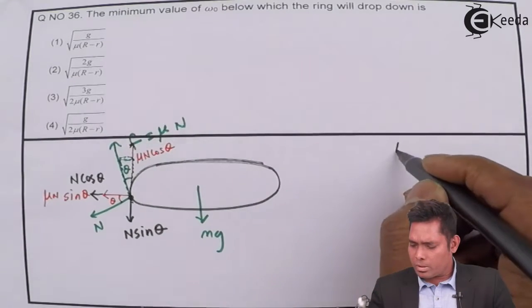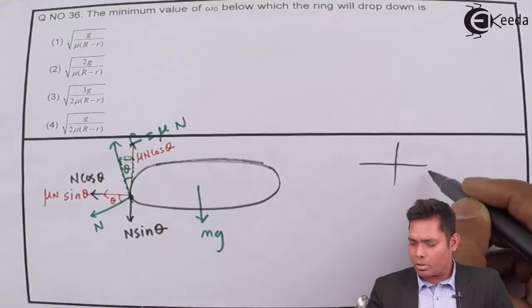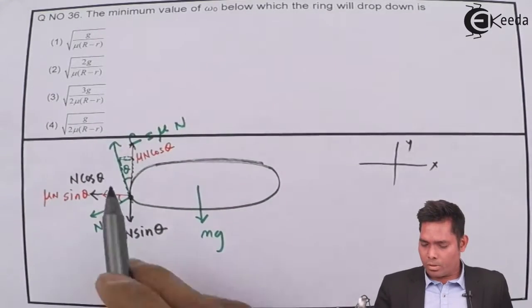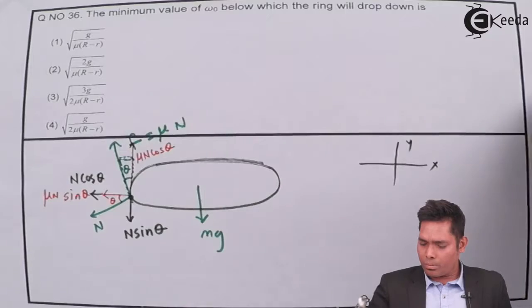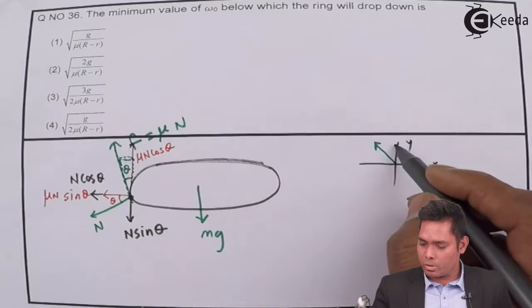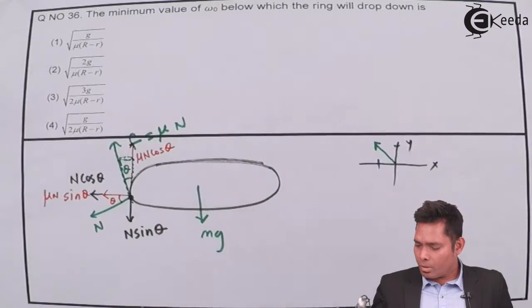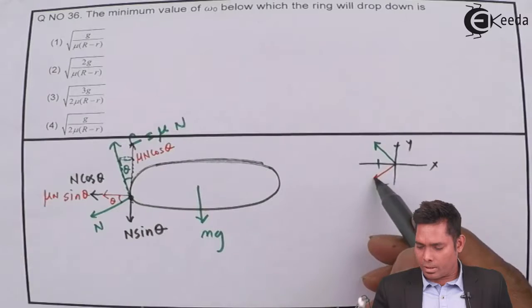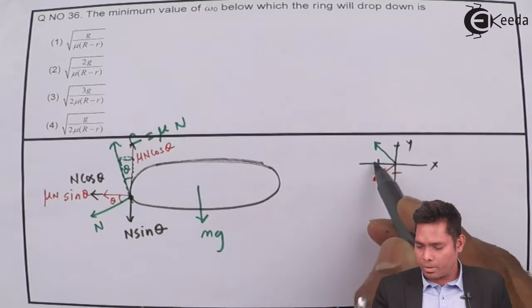All the vectors are resolved in these directions x and y. This is inclined, the frictional force was in this direction, this was resolved into this and this component. The normal reaction you can see here was like this, it has also resolved into this component, this component.